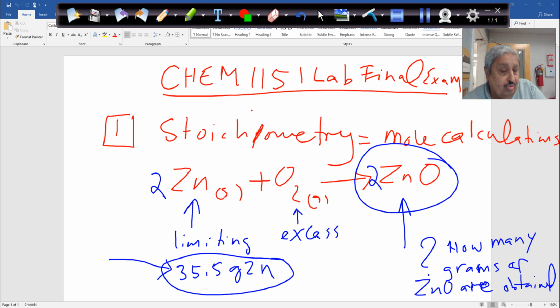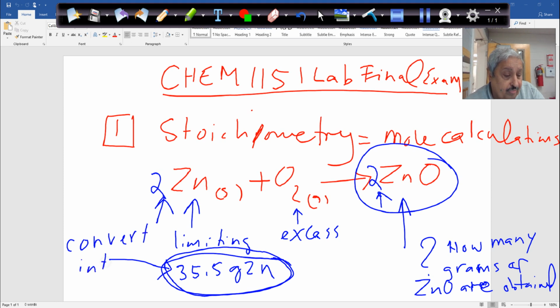So 2 moles of zinc will give you 2 moles of zinc oxide, correct? Then you need the atomic mass. You have to convert the grams of the limiting reactant, zinc, into moles.